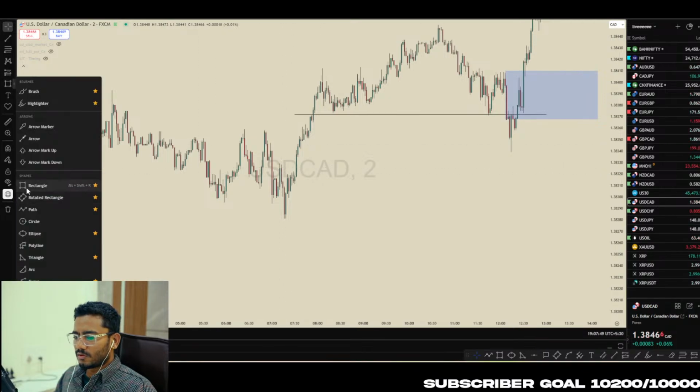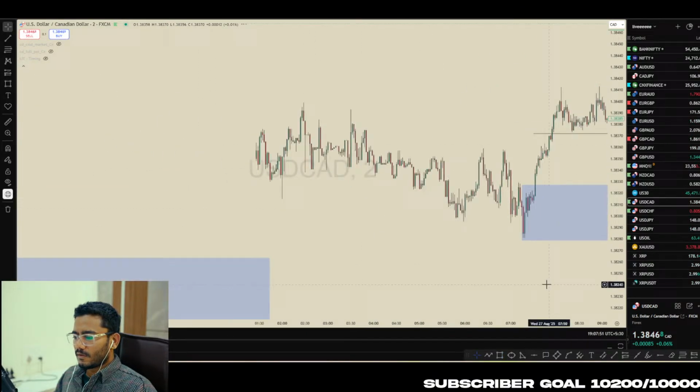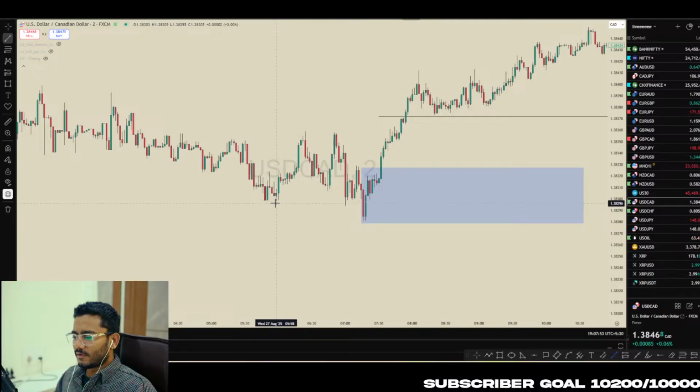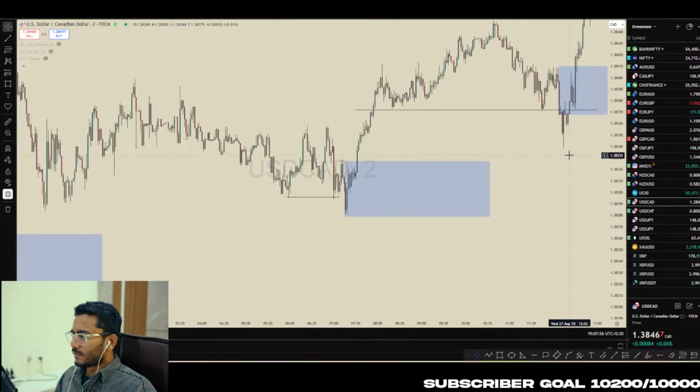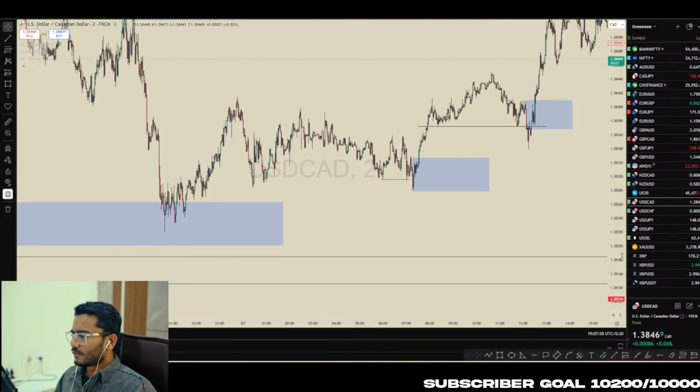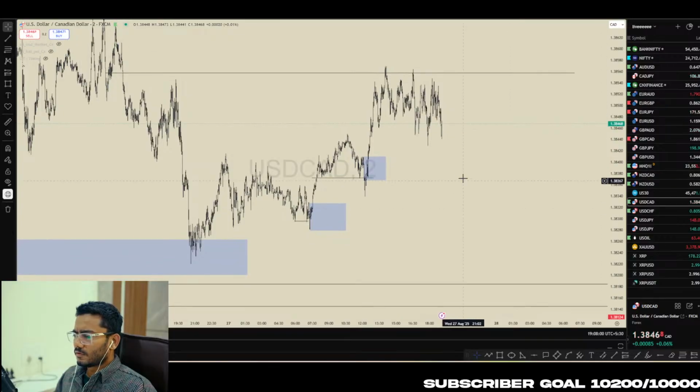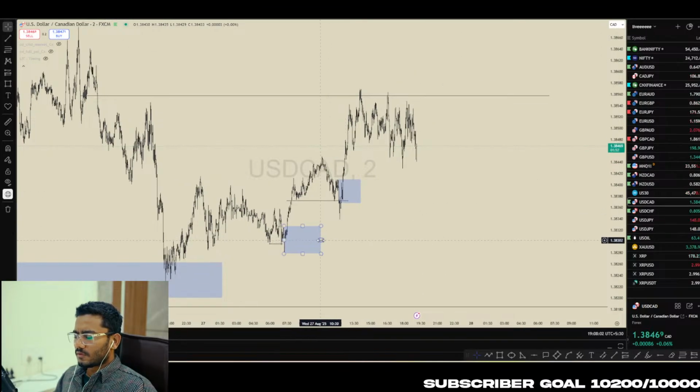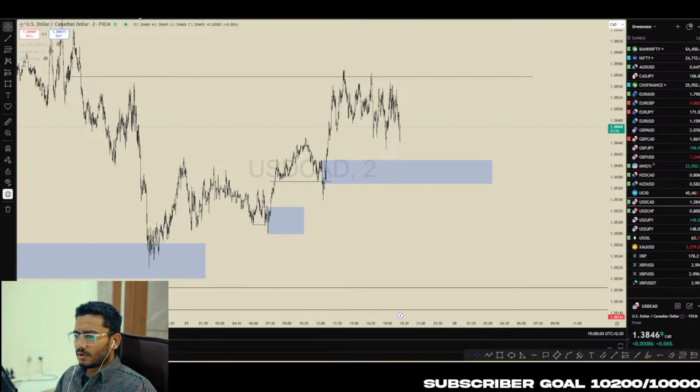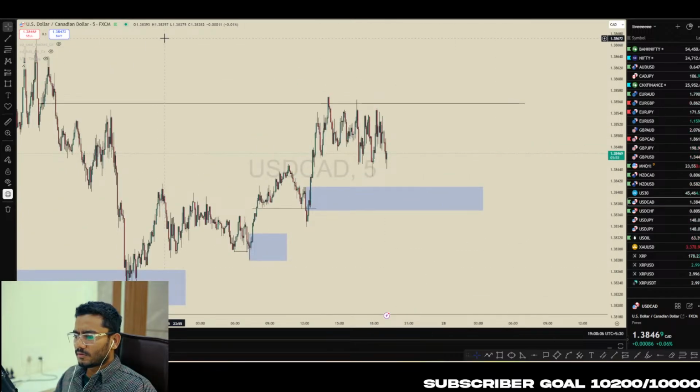There's another order block over here. You can see price took out the previous liquidity and price started to go up from here. Right now, I think this can work.